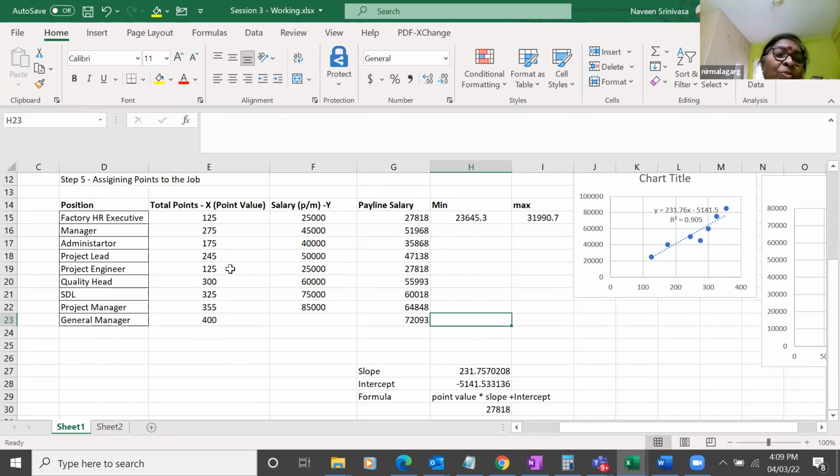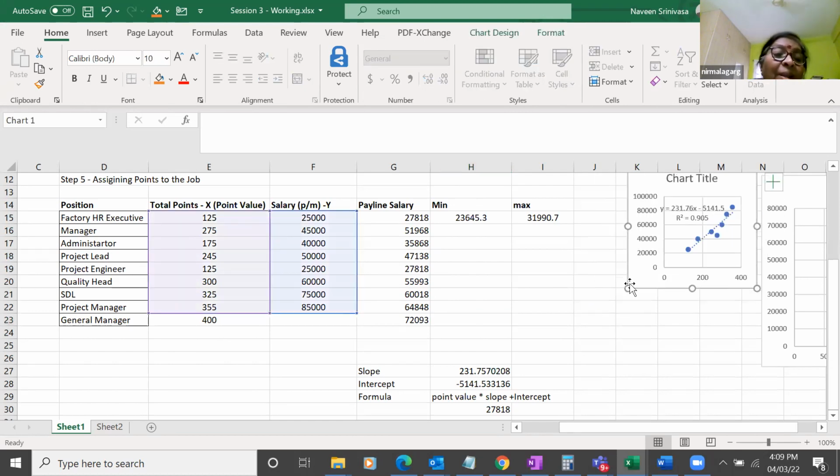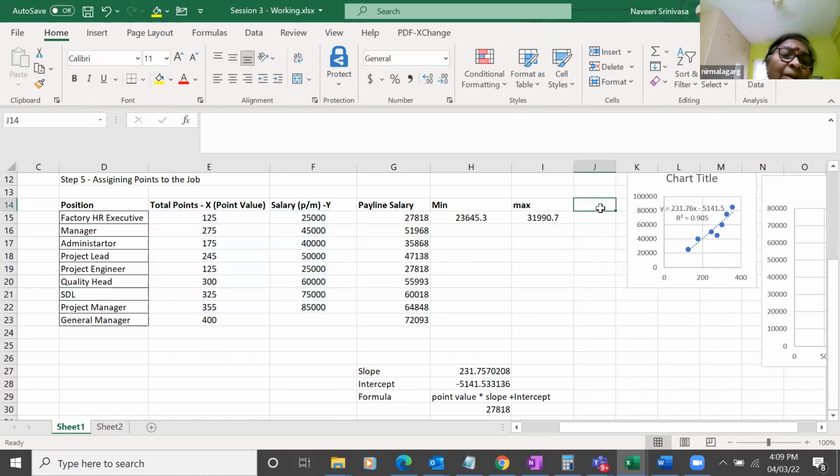All these three positions, project engineer, administrator, and factory HR executive, can all get into one grade. Then 275, 245, depending on the nature of a job, if it is very different, or only two jobs, 275 and 245 into another grade. Then 300, 325, 355 in another grade, and 400 in another grade. Are you with me?